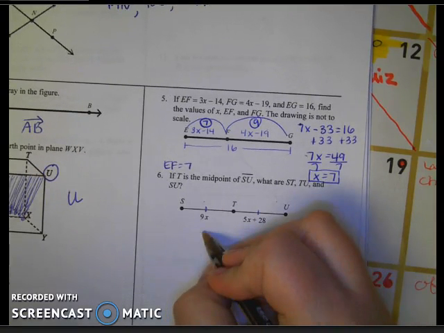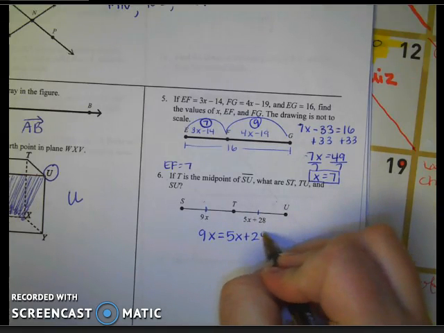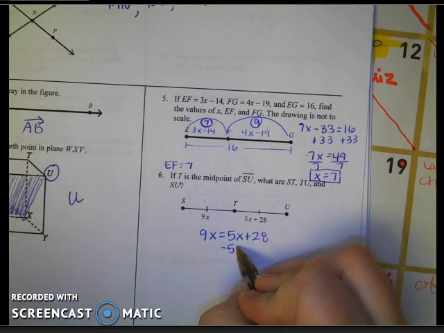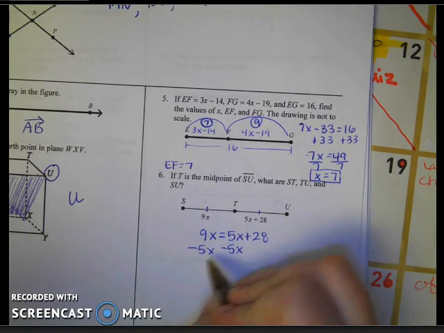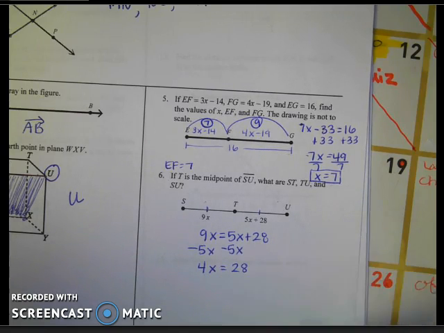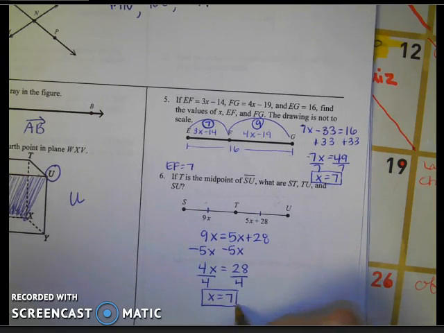So what does that mean in numbers? They're equal. I will subtract 5 from both sides. So I have 4x and 28. I'm going to divide by 4 on both sides. X equals 7.